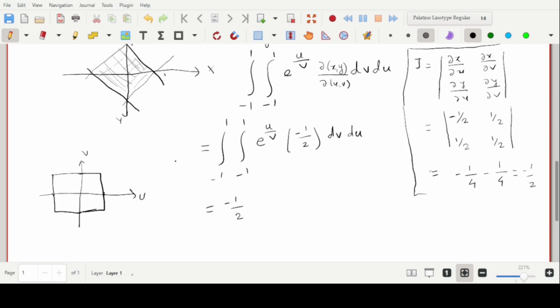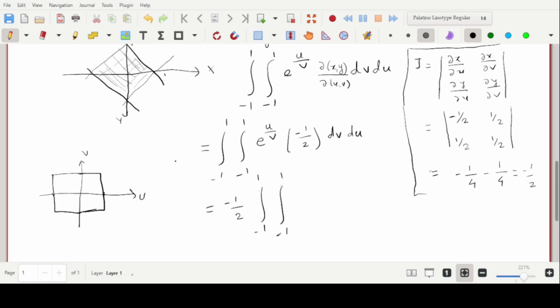Alright, now what should we do? Fine. So this is negative 1 to 1 and the integral of this.